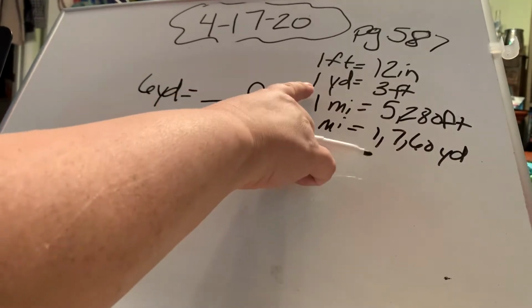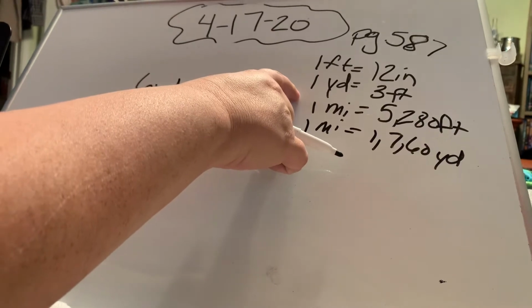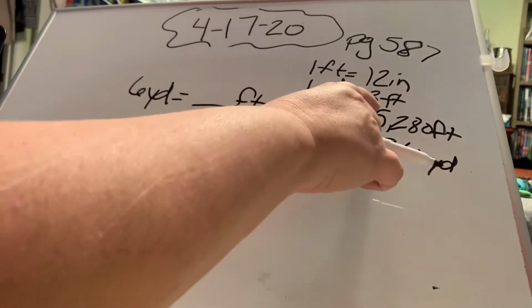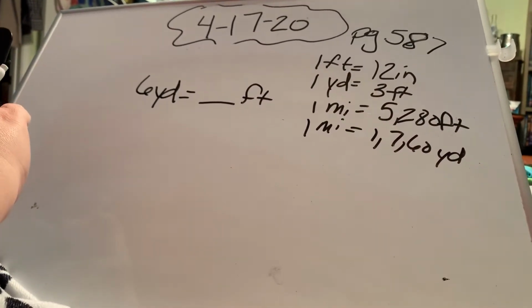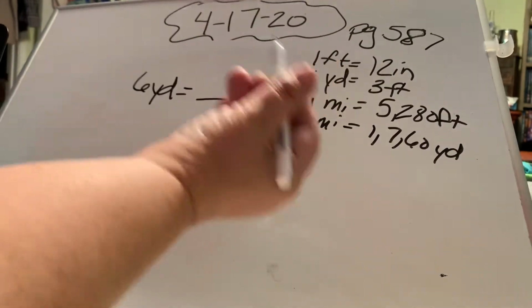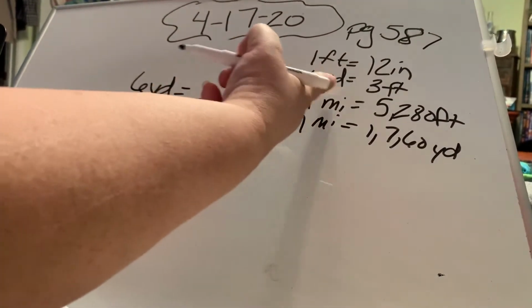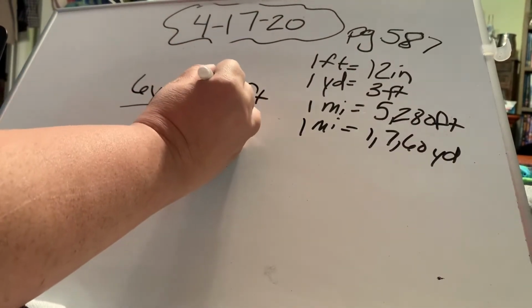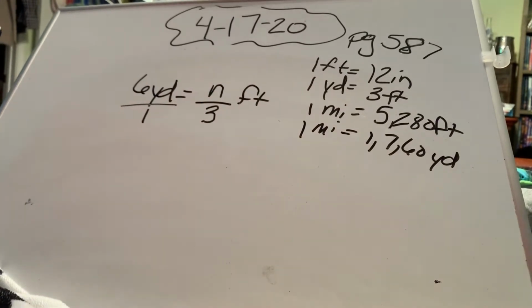So if we're going from the yards, which is a larger amount but a smaller number, what are we going to do to tell how many feet? Okay, again, change this into a fraction. So 6 yards over 1 yard, and we have this unknown, we're going to name n, over 3 feet.